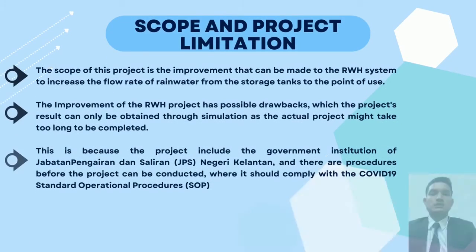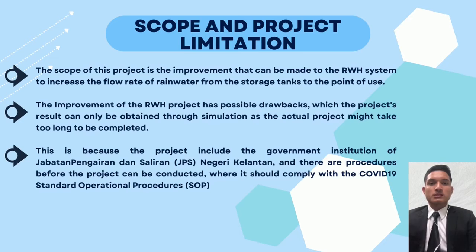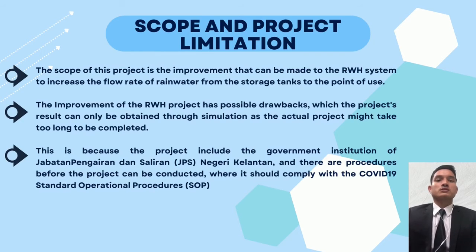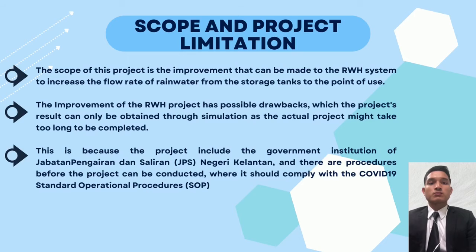The next one is the scope and project limitation. The scope of this project is the improvement that can be made to the rainwater harvesting system to increase the flow rate of rainwater from the storage tanks to the point of use. And the improvement of the rainwater harvesting project has possible drawbacks, which is that the project's result can only be obtained through simulation, as the actual project might take too long to be completed.